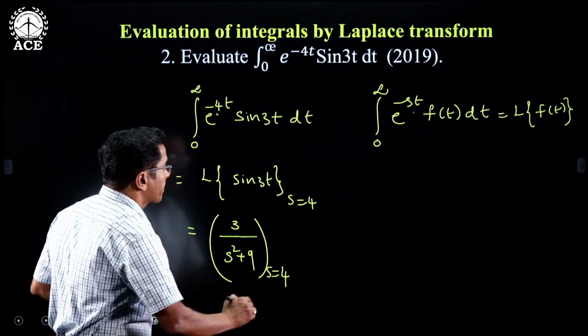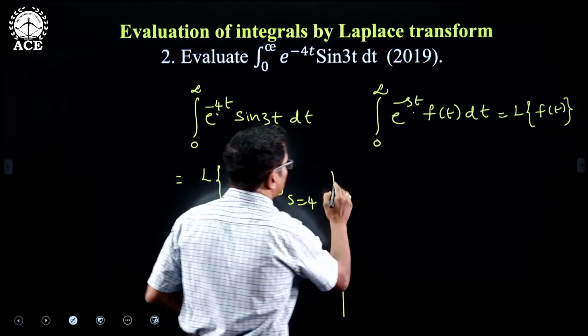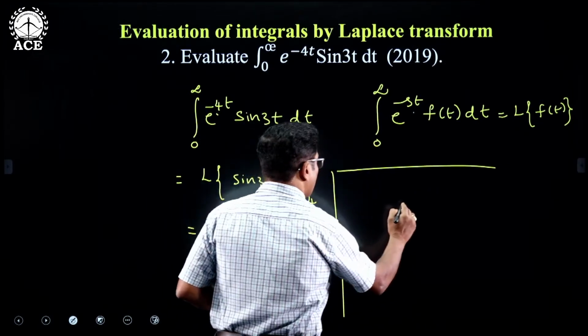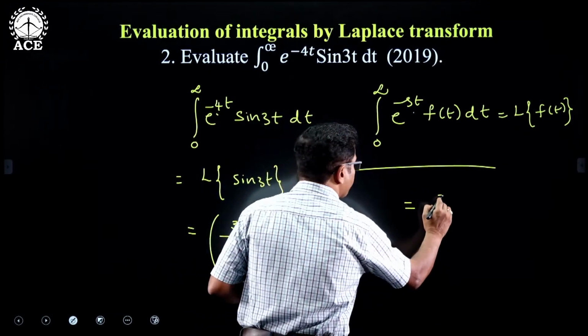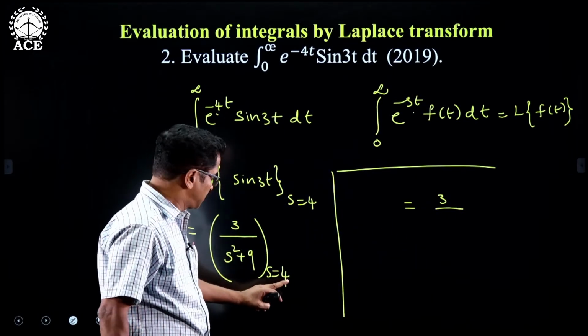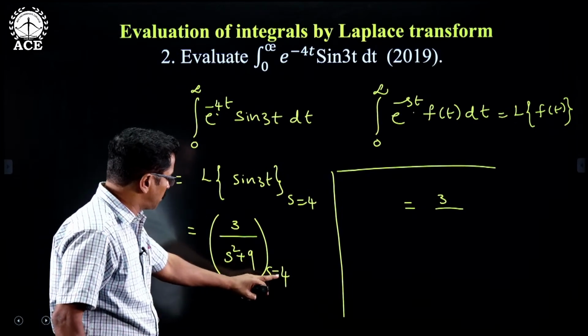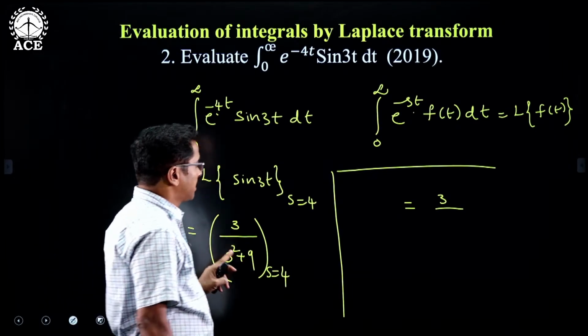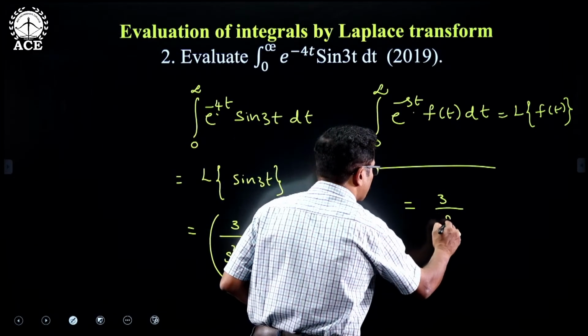So which is equal to, what do you get? Which equals 3 by, in the place of s put s is equal to 4. Then 4 square plus 9 is going to be 25.